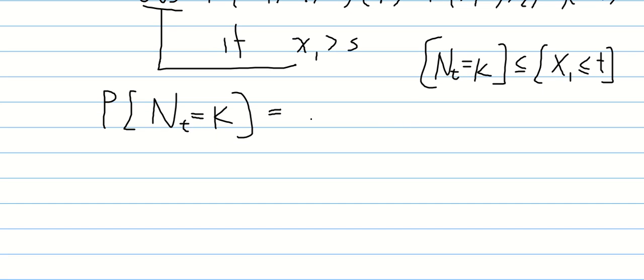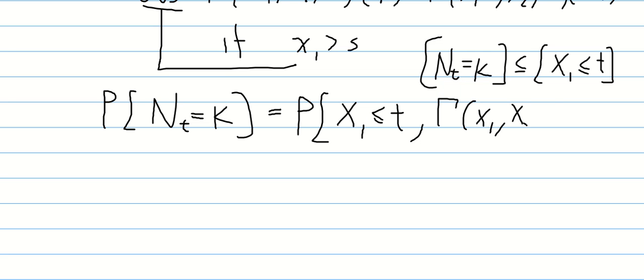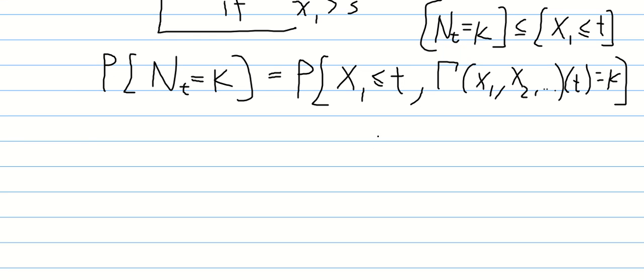So we can include here x1 smaller or equal to t, and not change anything. Another thing we can do is write N_t as gamma of x1, x2, and so on, evaluated at time t, and we know that this is k. So I did nothing here: I introduced an event that contains the original event, so this doesn't change anything, and I rewrote this event in terms of the gamma function.